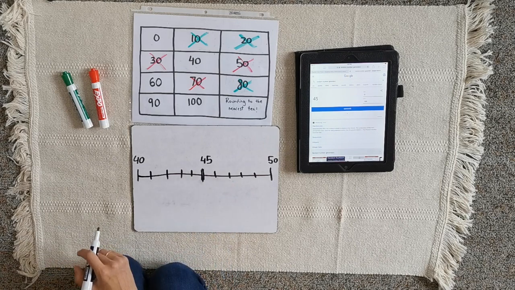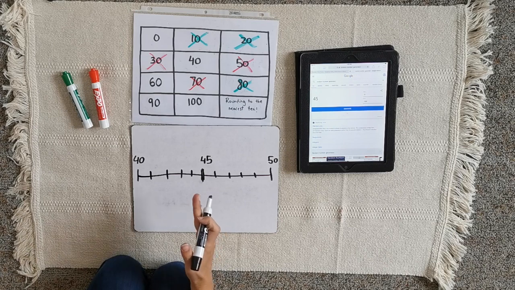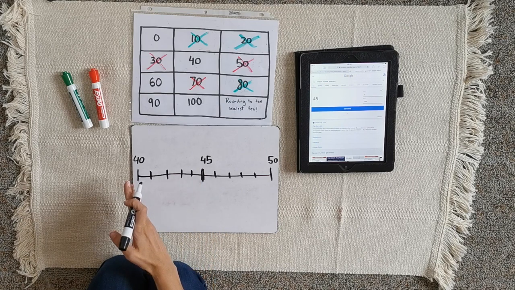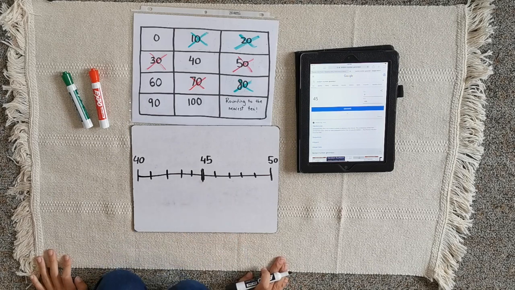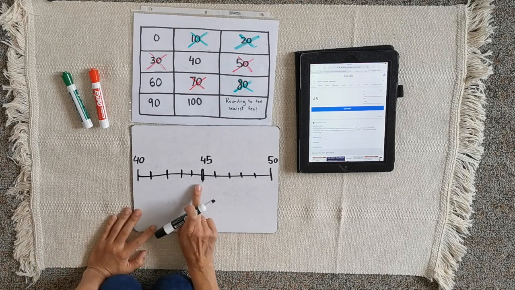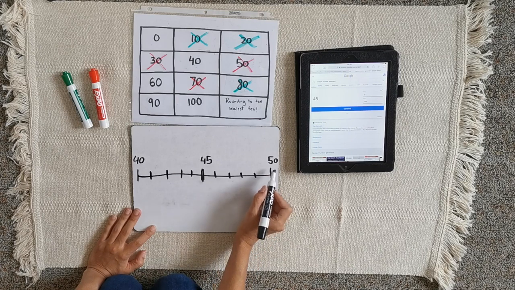Do you remember second grade? So what happens when it's right in the middle? Is it closer to 40 or closer to 50? We don't have an answer, but someone decided that when this happens, we are going to round to the next 10. So it will be 50.